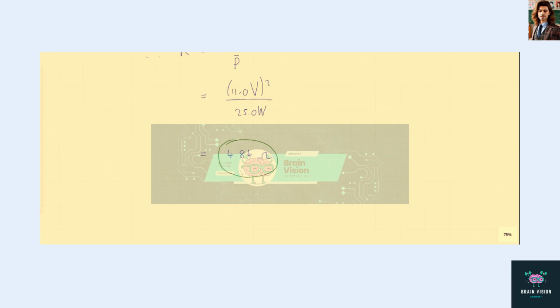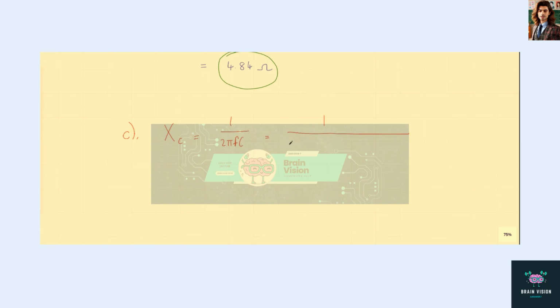Lastly, we want to calculate the power factor at a given frequency of 2.31 kilohertz. When the generator frequency is 2.31 kilohertz, the individual reactances need to be found first. XC is 1 over 2 pi f times C. Again, we know these values, so we can substitute them in.